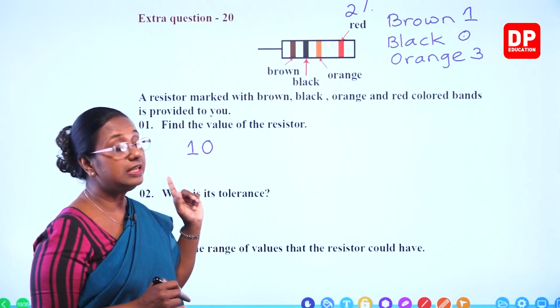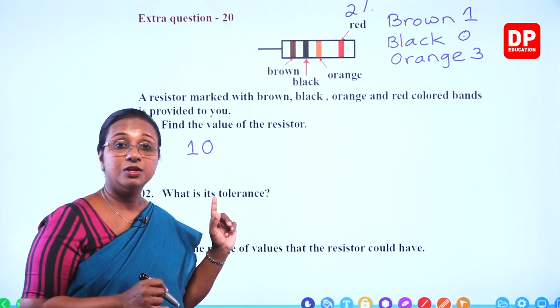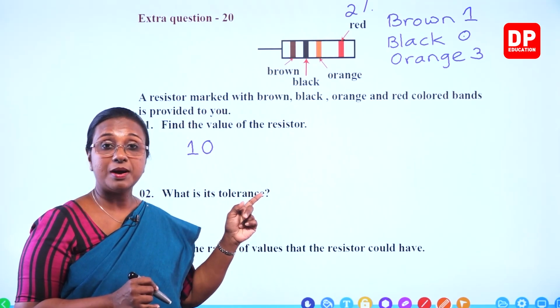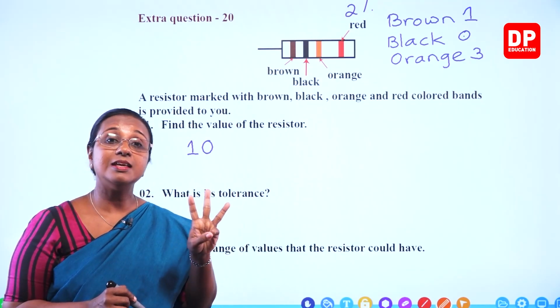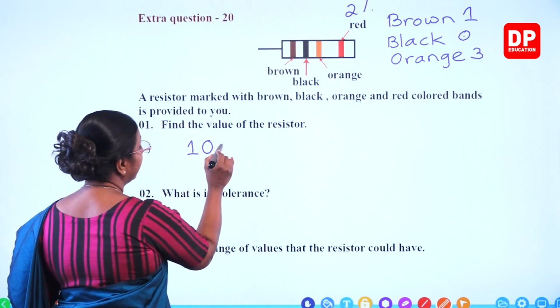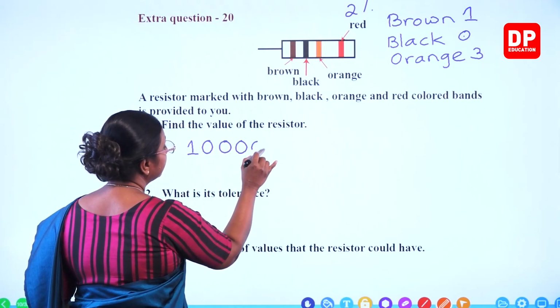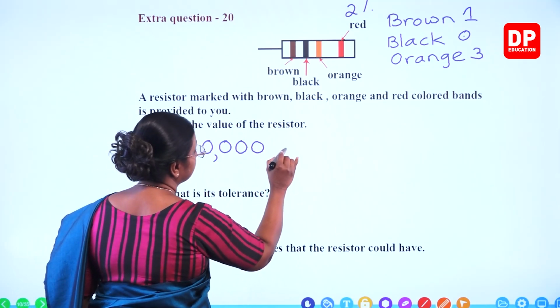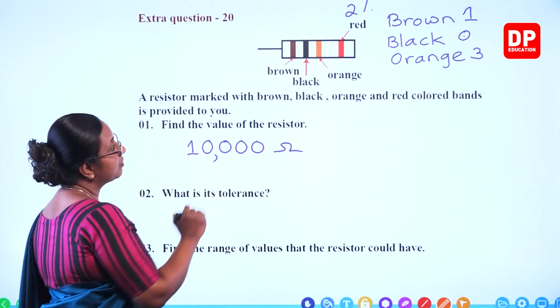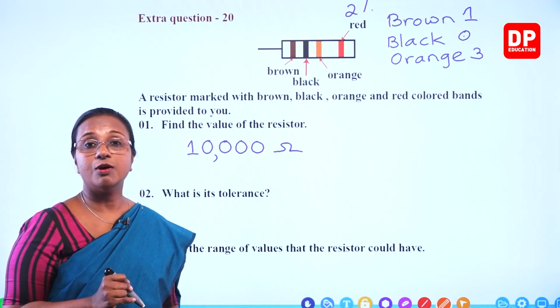That is the index to the power of 10. So when you say index to the power of 10, 10 to the power of 3, so you need to add 3 zeros. So after 10, you add 3 zeros. That is the value of the resistor, ohms. 10,000 ohms is the value of the resistor.